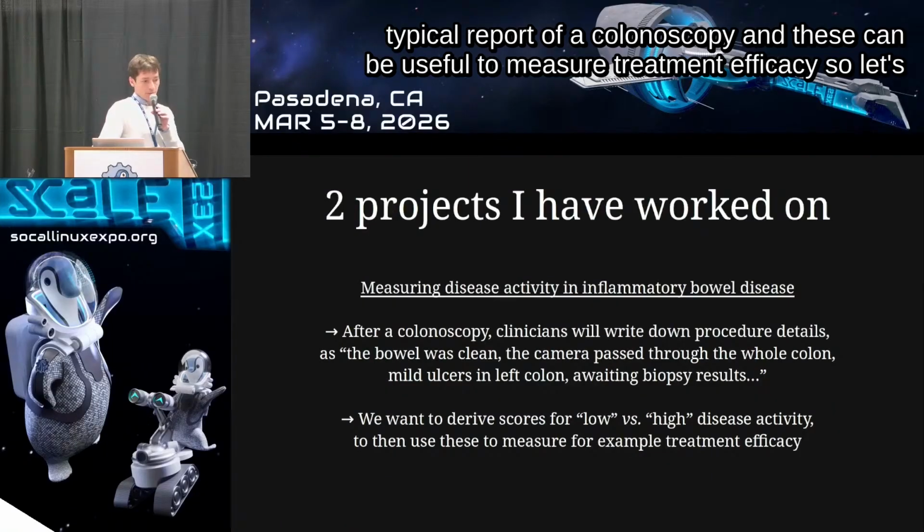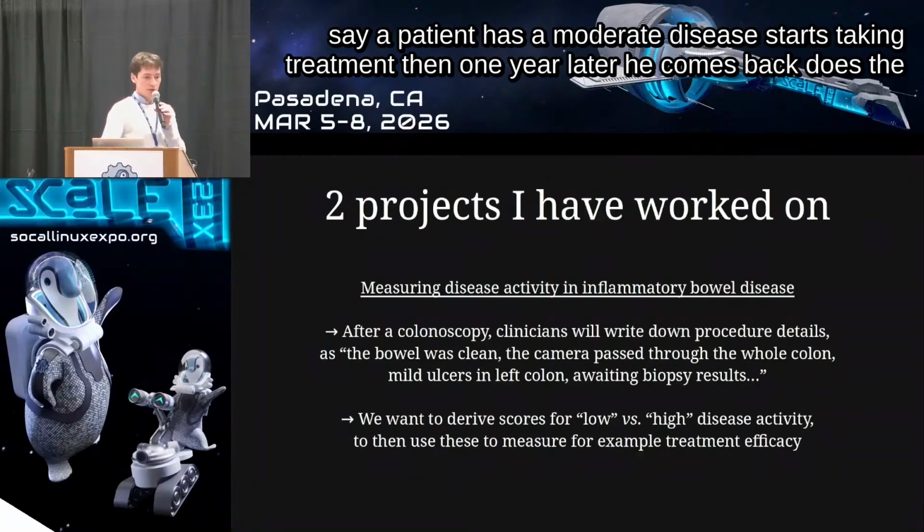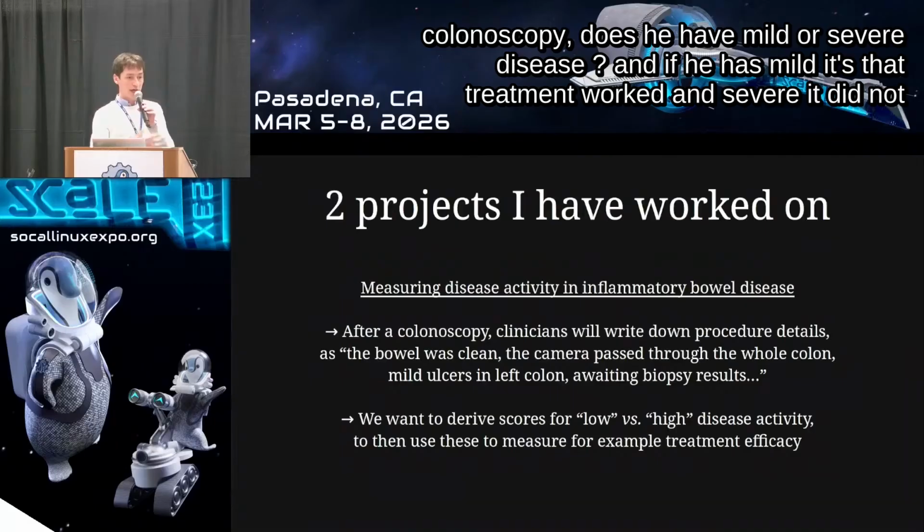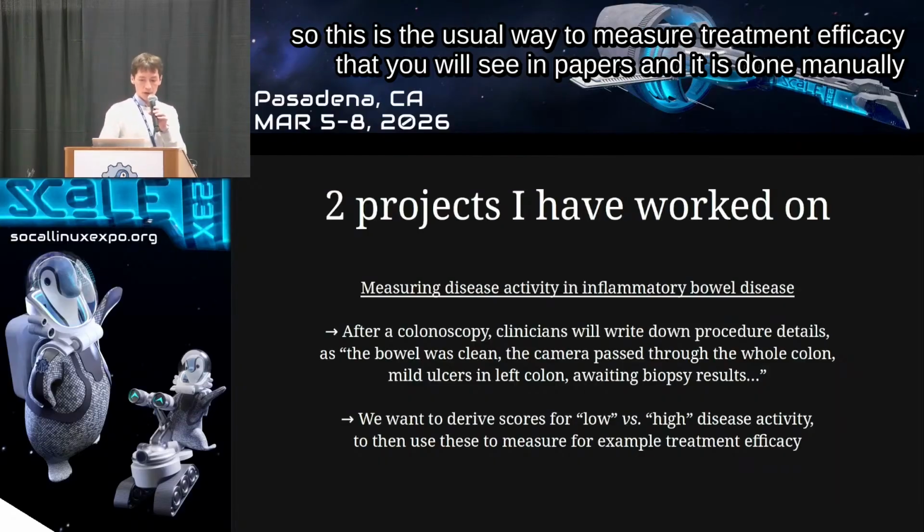And these can be useful to measure treatment efficacy. So let's say a patient has moderate disease, starts taking treatment, then 1 year later he comes back and does the colonoscopy. Does he have mild or severe disease? If he has mild, the treatment worked, and if severe, it did not.